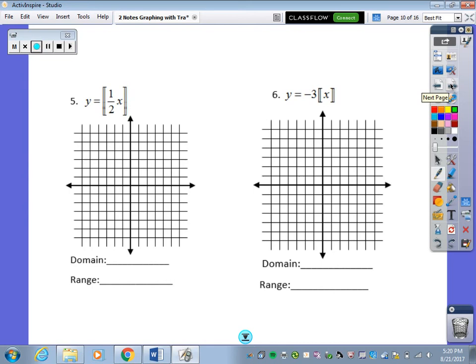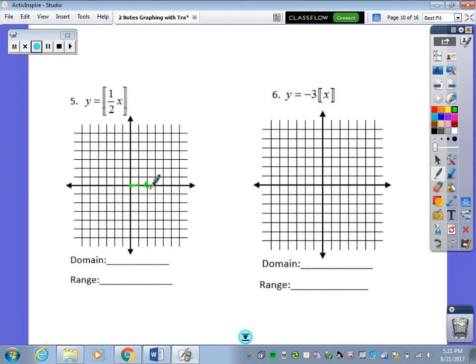Our greatest integer function. So we need to think about this for a little bit. Say we have x equals 1. Now, 1 times 1/2 is 1/2. So now we have as our final answer 1/2. So 1/2 obviously would round down to 0. So that means 1 now rounds down to 0 as well. Say we have 1.5. 1.5 times 1/2 is 0.75, which also rounds down to 0.